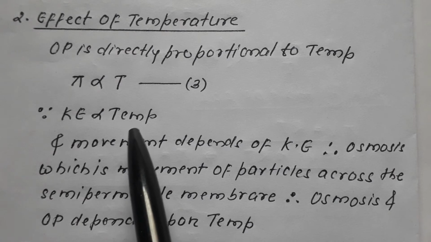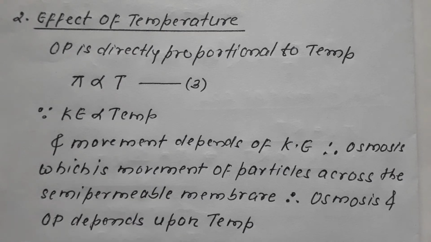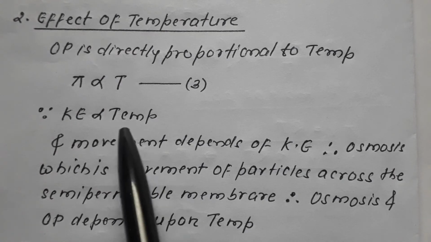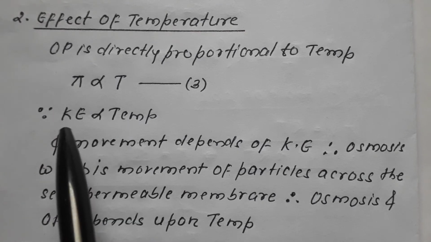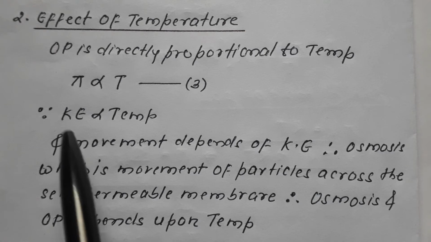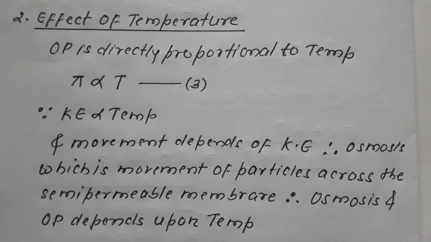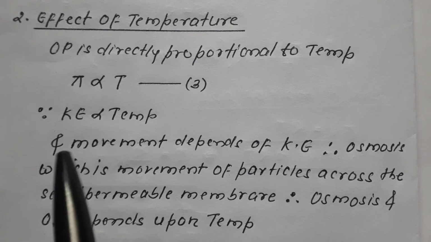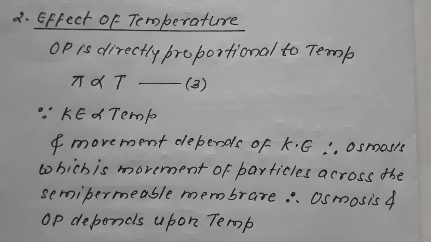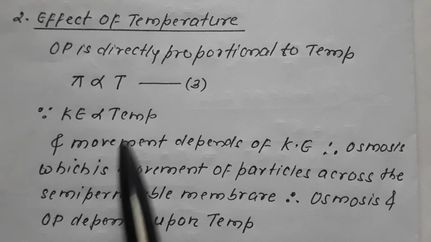With increase in temperature, the kinetic energy of the solvent molecules will increase. Therefore the movement of solvent particles will increase, hence osmosis will increase. Therefore the osmotic pressure will increase.